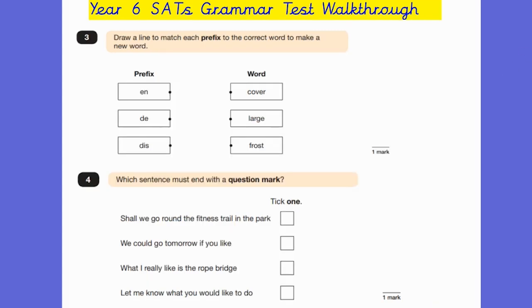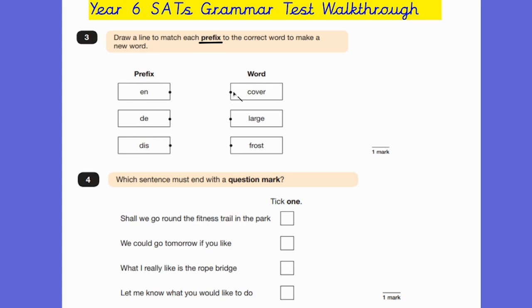Number 3, draw a line to match each prefix to the correct word. Now, prefix is in bold there. Prefixes are added to the beginning of a root word to change the meaning. So this time our prefixes are en, de, and dis. What children might want to do is go through and see which would be the most suitable prefix.